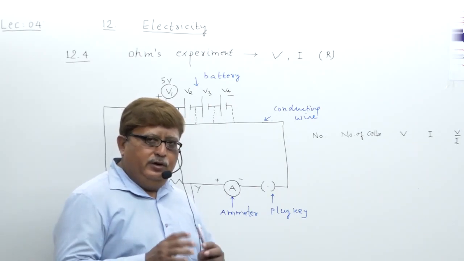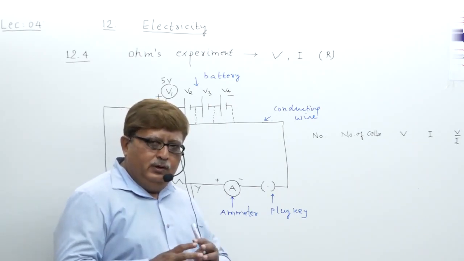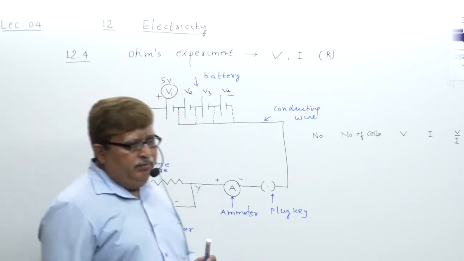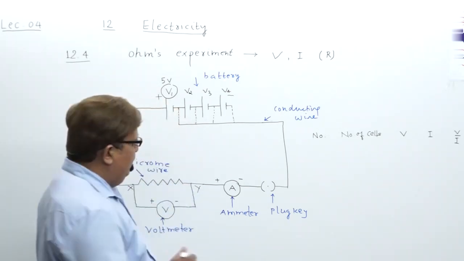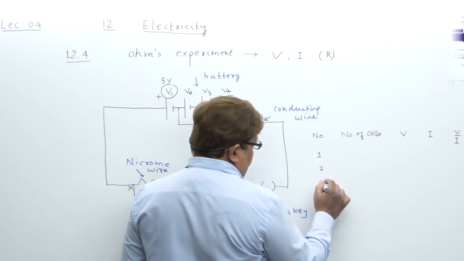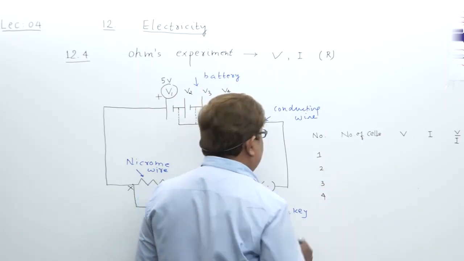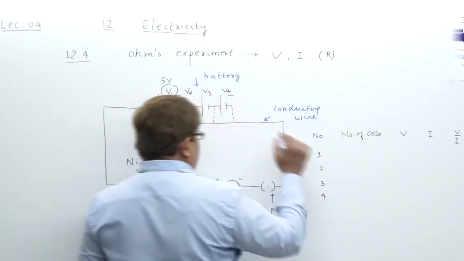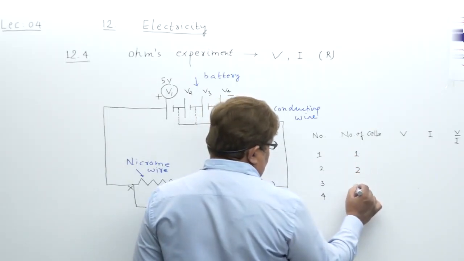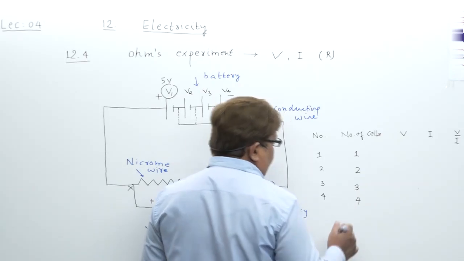I am just giving you some assumptions to understand the relation between V and I. Suppose, my dear student, 4 cells, so we are going to perform 4 stages in this experiment. 1 cell connected, then 2, then 3, then 4.